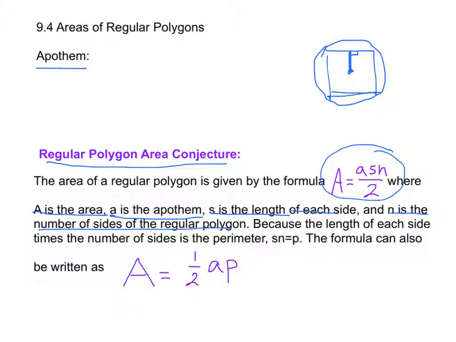Because the length of each side times the number of sides is the perimeter, sn equals P, so the formula can also be written as A equals 1/2 aP. So you can also just say the apothem times the perimeter over 2 is the area of a regular polygon.